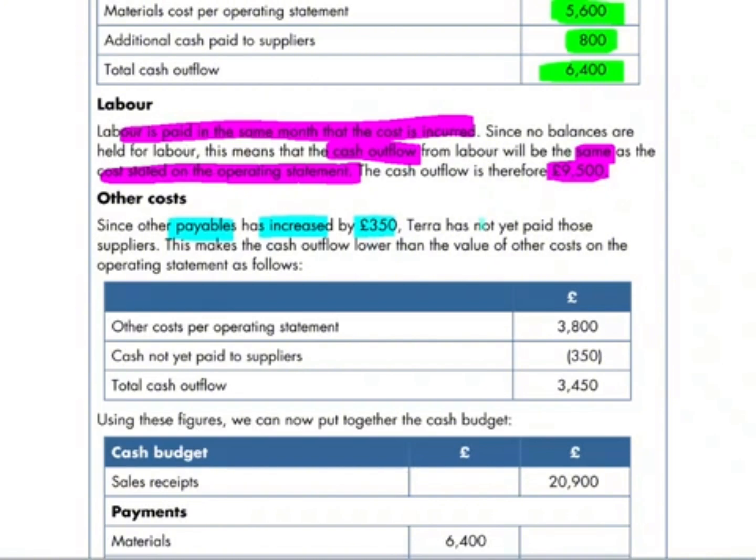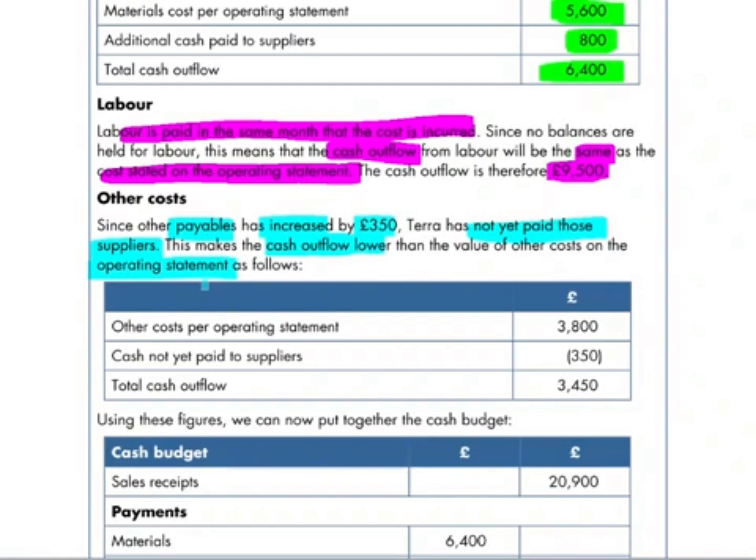And that ultimately means that Terra has not yet paid those suppliers. Once again, just appreciate who has actually got the money. Is it Terra or is it the suppliers? Well, in this situation, it's Terra, because we have not yet paid over £350 to our suppliers. We've still got the benefit of our cash. And it therefore makes the cash outflow from other costs lower than that stated on the operating budget.